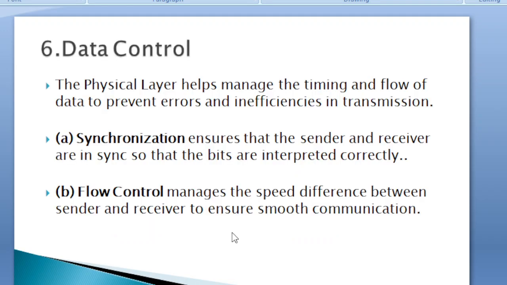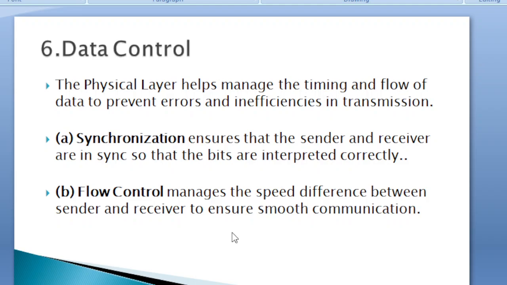Next is data control. The physical layer helps manage the timing and flow of data to prevent errors and inefficiencies in transmission. That is, data control means the physical layer is responsible for managing timing and flow and preventing errors in the data transmission.